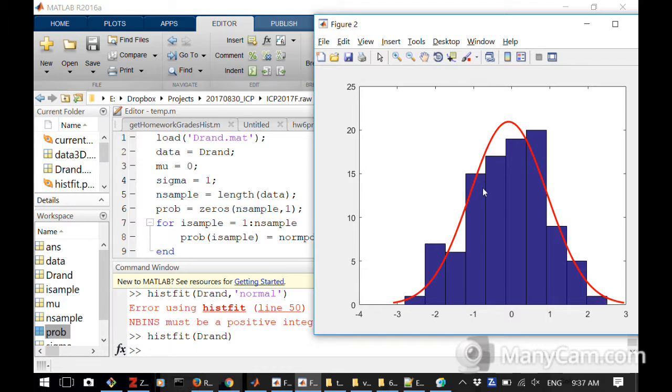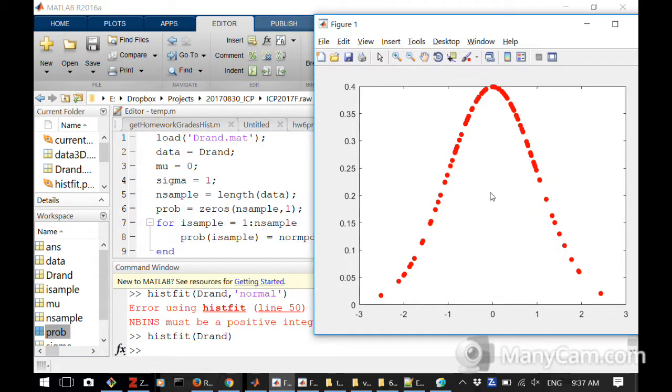So basically this red curve just shows how frequent the points appear in our data set. A lot of them occur around 0, and then a few of them are in the tails. And that's a characteristic of a Gaussian distribution.